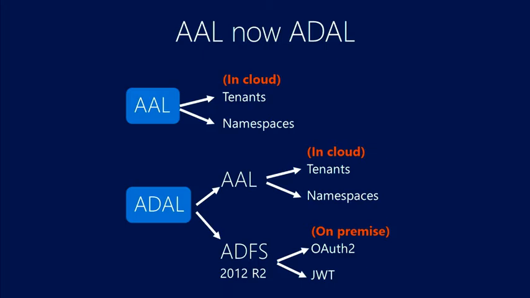So that stuff is no longer in the cloud. So the name Azure Authentication Library is probably no longer appropriate. So they've renamed it to ADAL, Active Directory Authentication Library. This morning they announced that ADAL has gone to general availability. So it's now there, it's available. The examples that I've seen on the internet are really more around native applications and web API, but it's there if you want to go and play with it.